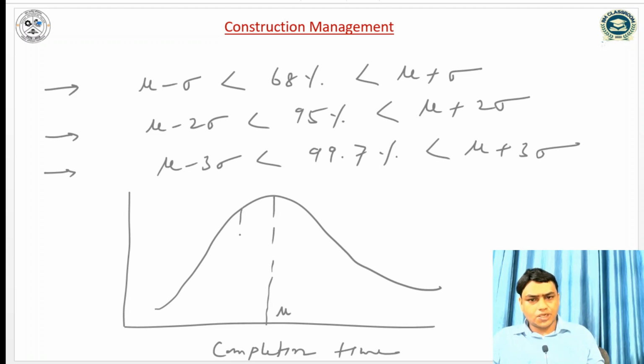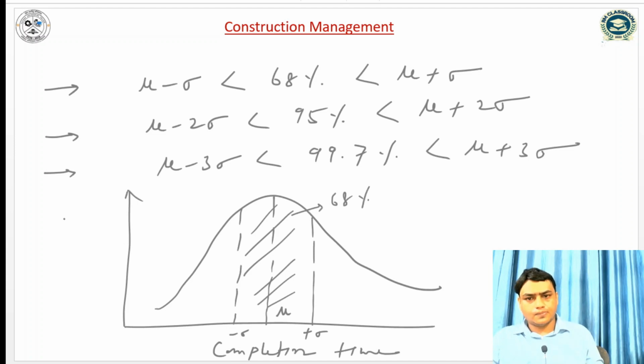So about 68% area lies between plus sigma and minus sigma, this is 68%. Similarly, 95% area lies between plus 2 sigma to minus 2 sigma.